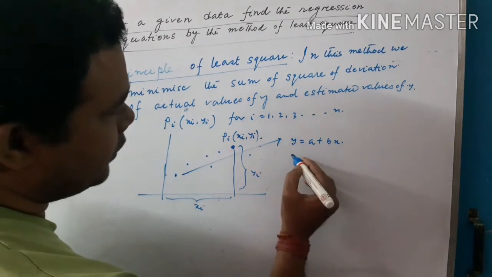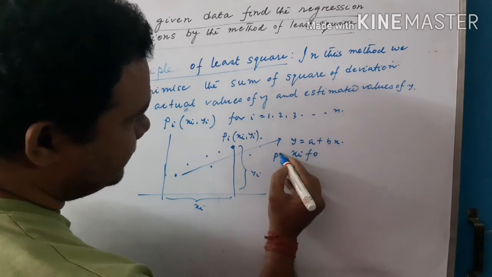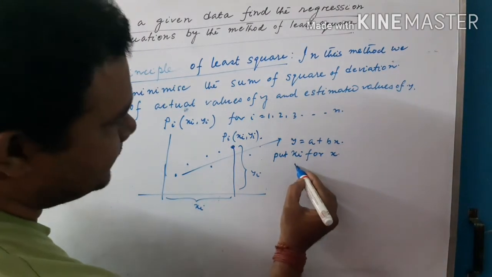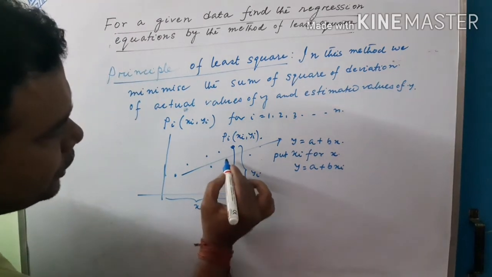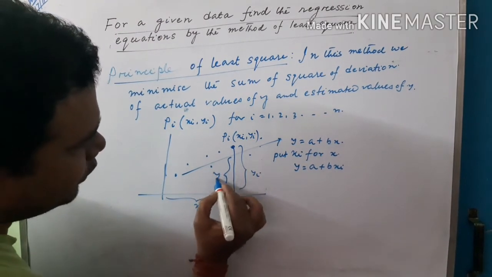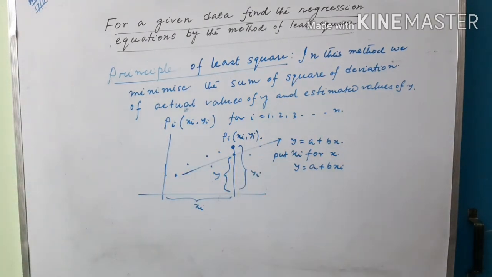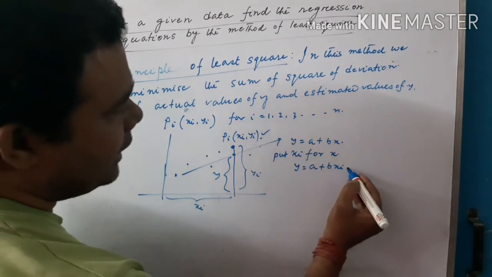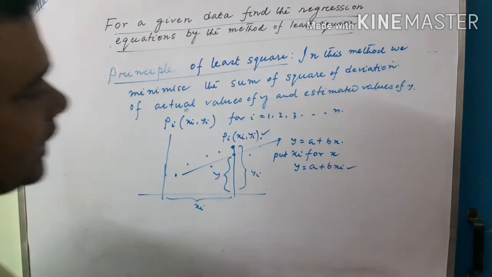Now in this equation, if we put xi for x, what will you get? y equals a plus bxi. Now which one is y? Up to this height is the y value, and this value is a plus bxi. So the observed value is yi and the estimated value, which is obtained from the geometrical curve we have fitted, is a plus bxi.